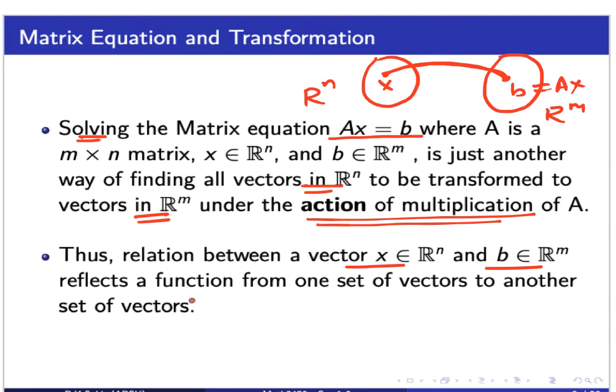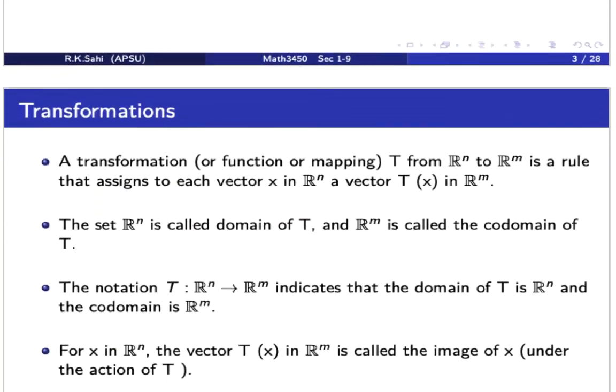This relationship is reflecting a function from one set of vectors to another set of vectors. And remember, a transformation is nothing but a rule which assigns a vector in Rn to a vector in Rm. So let's formally define it.